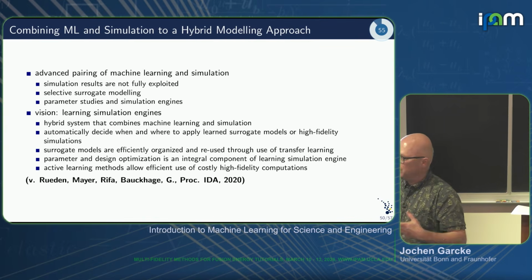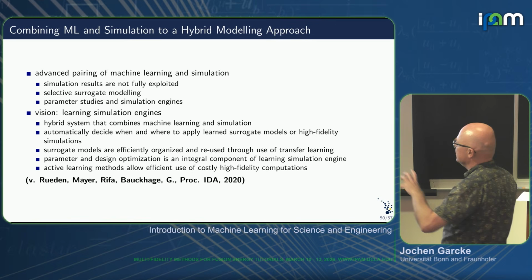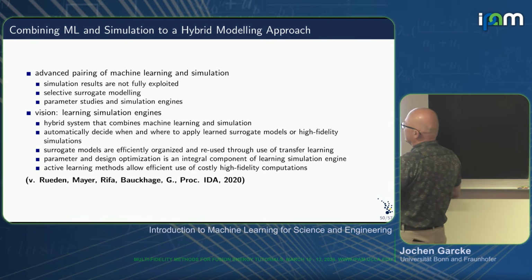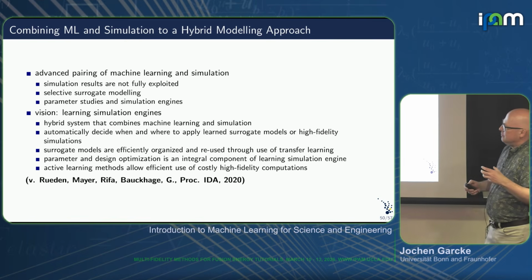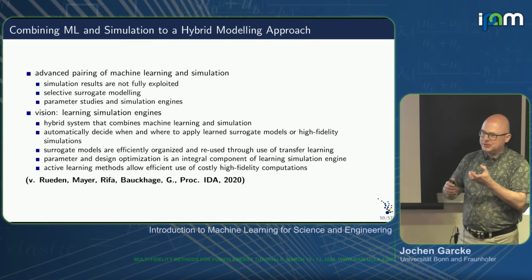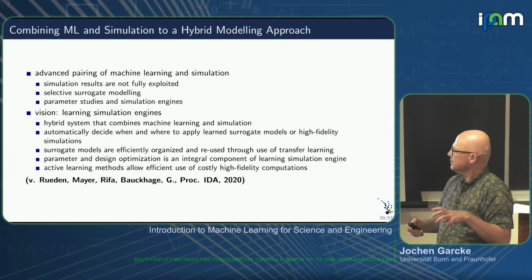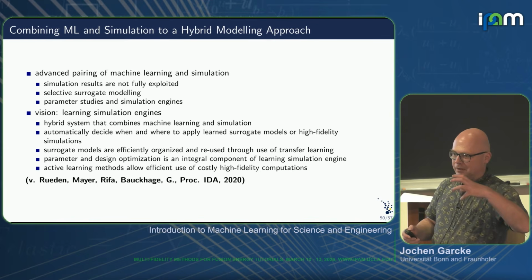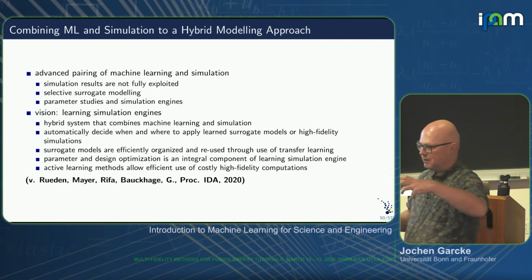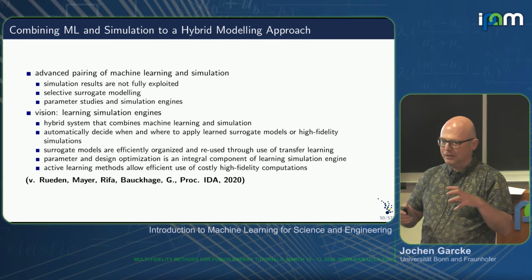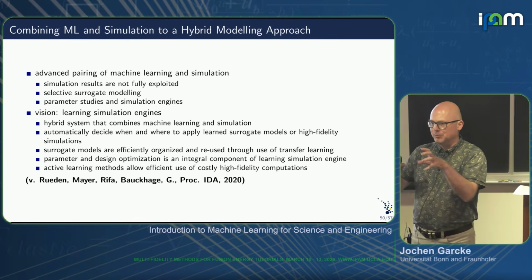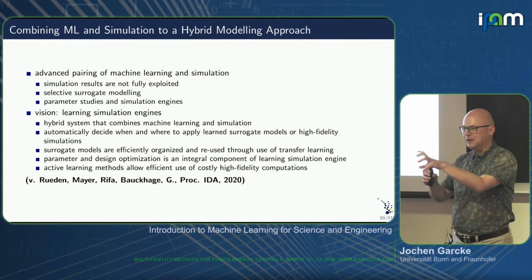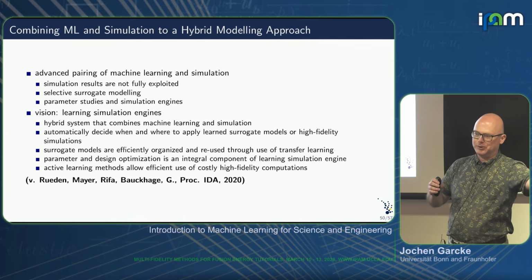And one can think about how to integrate that more. So this is more vision: that one can maybe think about learning simulation engines. I mean, we talk about surrogate models, which means we've done a couple of simulations, but usually the simulations, when they run, don't know that they're being used for a surrogate model.